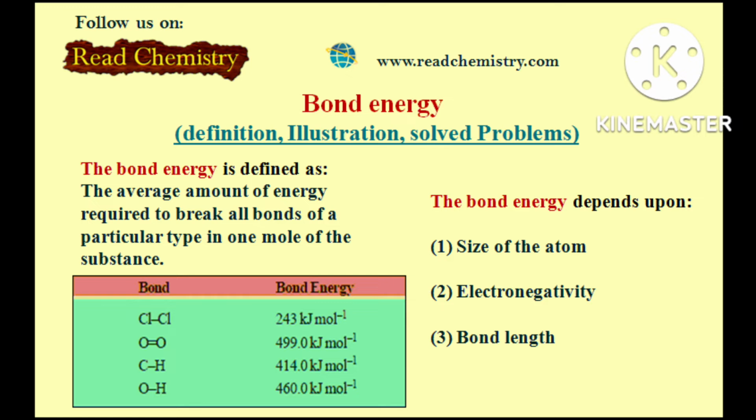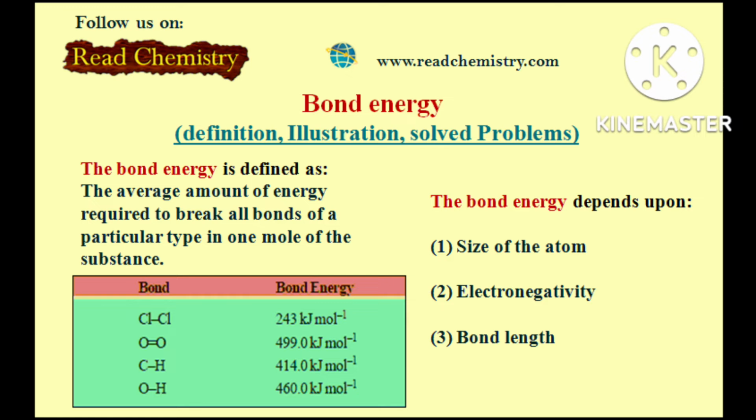Suppose you break the first C-H bond, then it will require 427 kilojoule per mole. It will give CH3 in gaseous state plus 1H in gaseous state. Now CH3 is remaining.